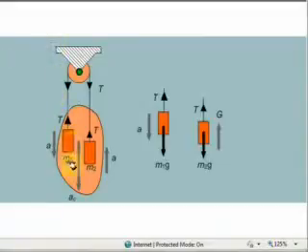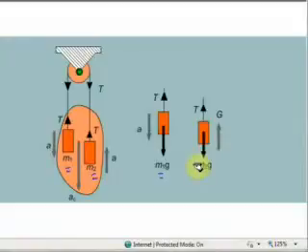One is M1 and the other one is M2. So all the forces which are acting on these two masses are shown here. So if we take the mass m1, a tension force T will be acting upwards, and its weight m1g will be acting downwards. Similarly, on mass m2, the tension force T will be acting upwards, and its weight m2g will be acting downwards.